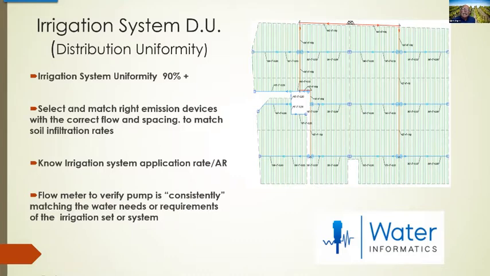So what I did a lot of times is you'll see dual line drip, you'll see fan jets, spinners. Super important to understand your soils so you know exactly what kind of emission device you'd use.